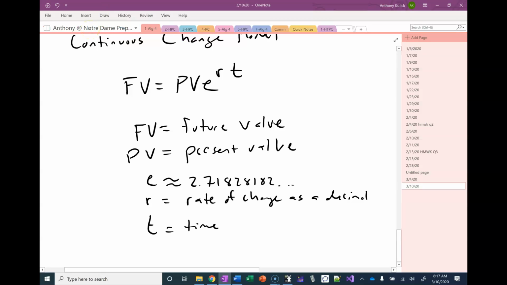Okay, so FV is the future value, PV is the present value. e is just that irrational number that we described before. R is our rate of change written as a decimal. And then T is time. And the unit for time should match the unit on the rate. Typically it's going to be years, but it need not be.